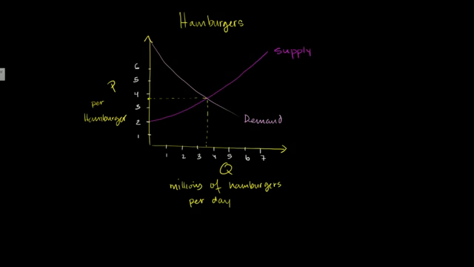Just to review what we've talked about before, below the demand curve and above the price equals $3.75 line right over here, this is how much value, how much benefit the consumers are getting above and beyond what they have to pay. So that is the consumer surplus.